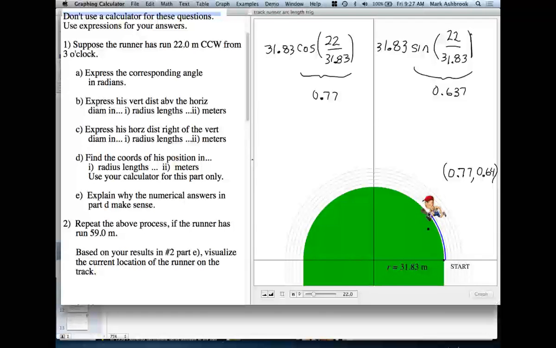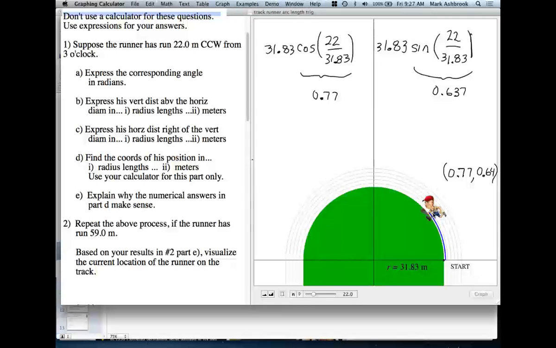So what's this value right here? 0.64. And how does that make sense, that that's 0.64? Travis. It's closer to the midpoint between 1 and 0.